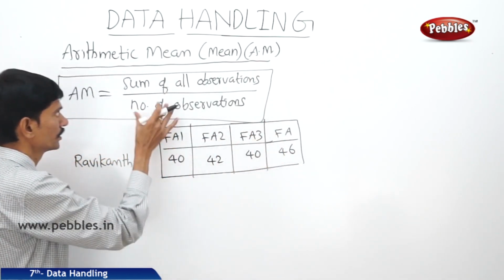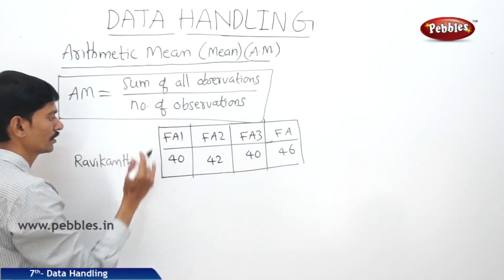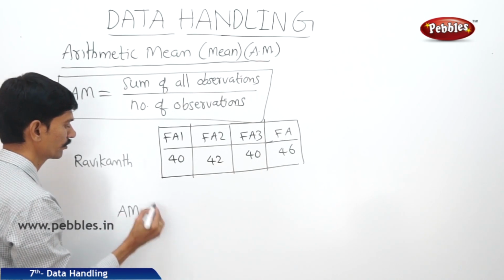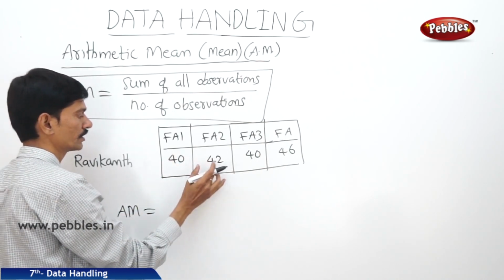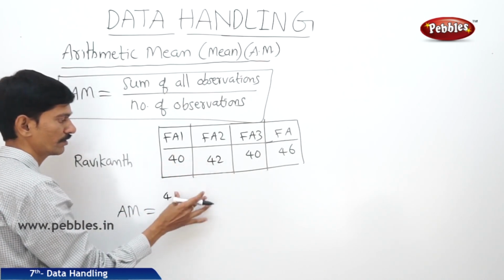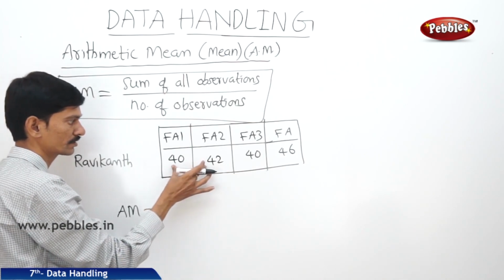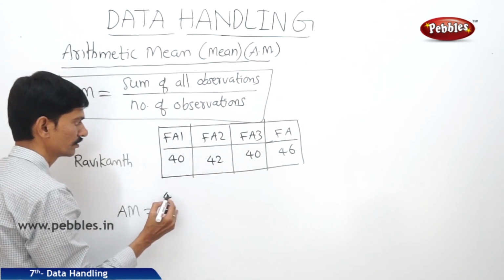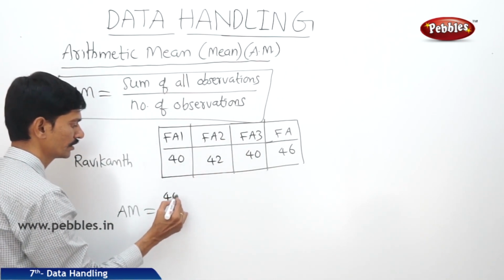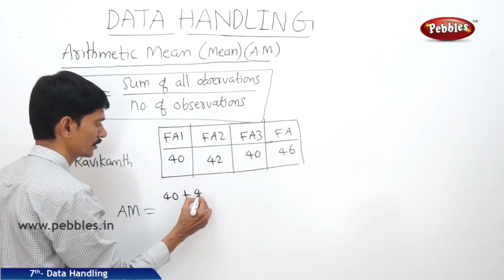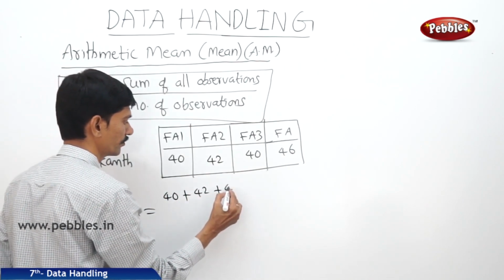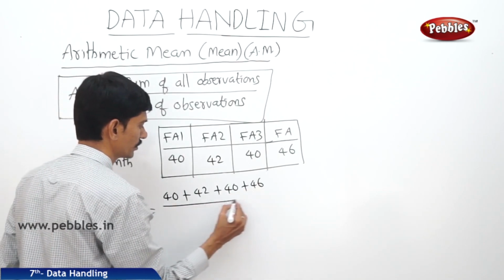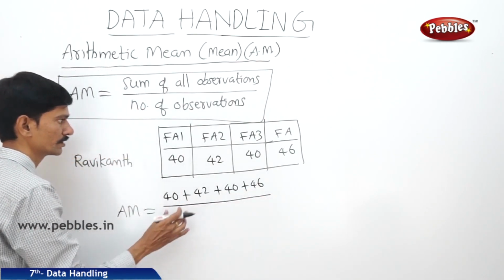According to the arithmetic mean formula, mean equals the sum of the observations, and here the observations are nothing but the marks of the student in different assessments. So in FA1 he has got 40 plus FA2 42 plus 40 plus 46, divided by the total number of observations, which is 4.